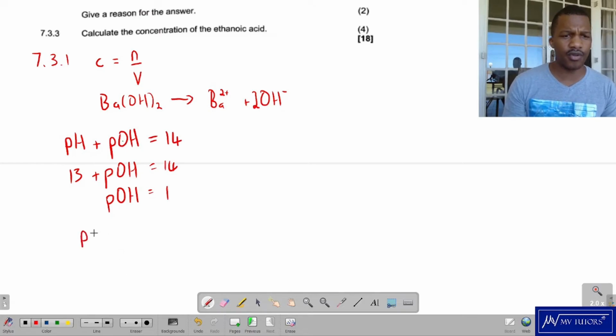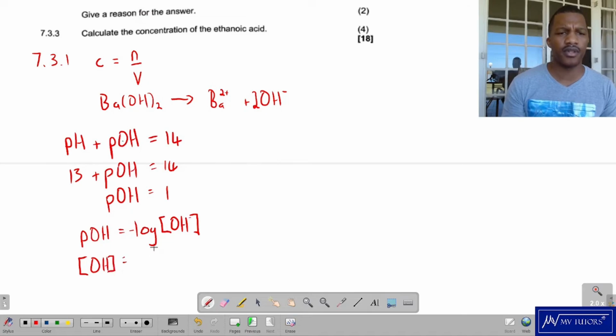We also know that pOH is equal to the minus log of the concentration of the OH, okay? And then to get the concentration of the OH, we know there's an imaginary 10 there, so it's 10 to the power minus pOH, right?